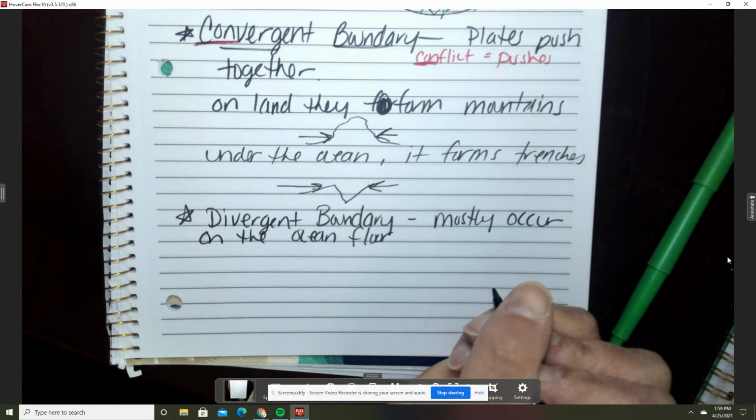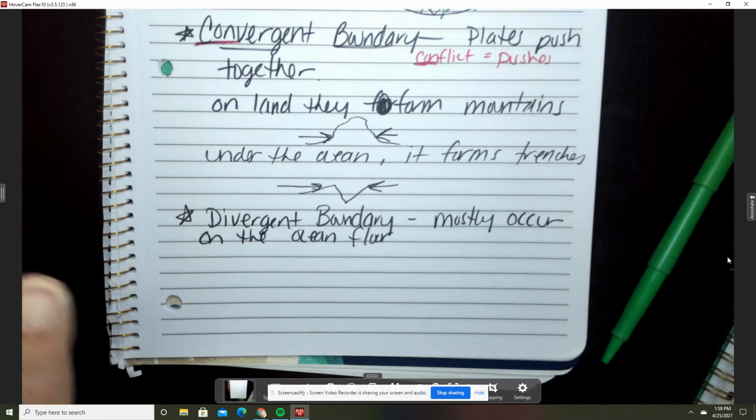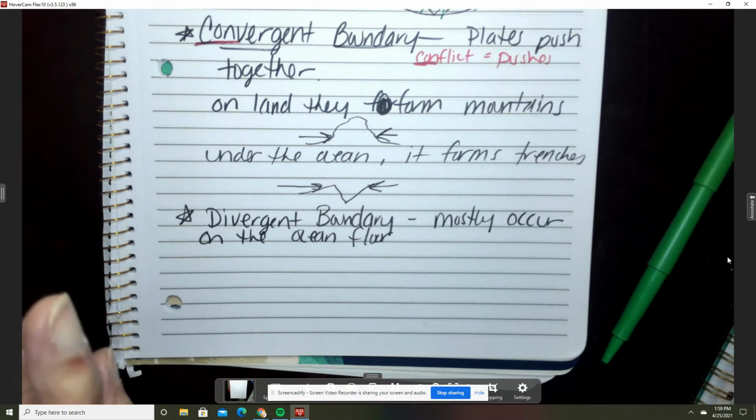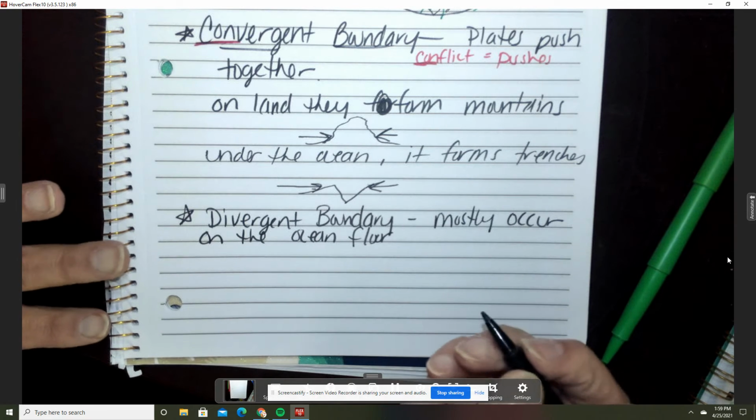And they create underwater mountain ranges because the magma flows up and hardens.